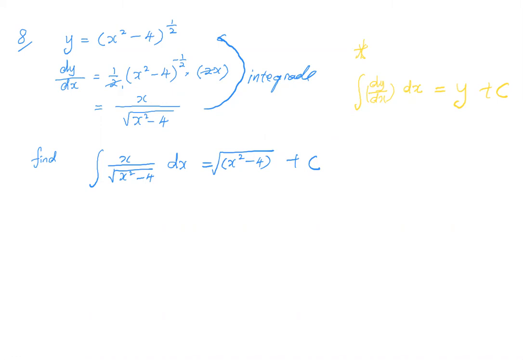So let's do question 9. Question 9 says find A prime x given A(x) equal to this. Okay, so I'm going to teach you how to do it. Listen here.